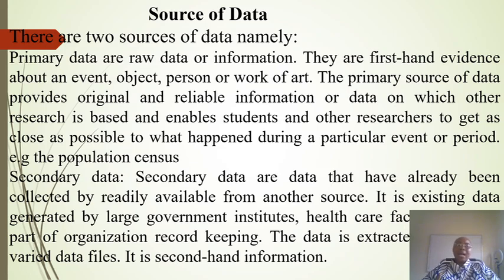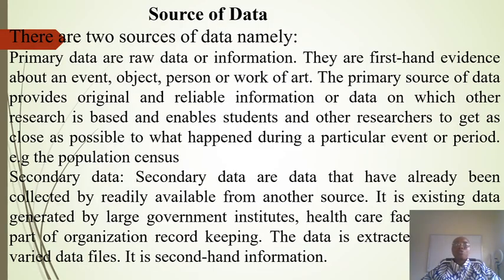Sources of data. How do we get our data? There are two sources of data, which are the primary source of data and the secondary source of data. The primary data, what are the primary data? Primary data are raw data or information. They are the first-hand evidence about an event, an object, person, or work of art.